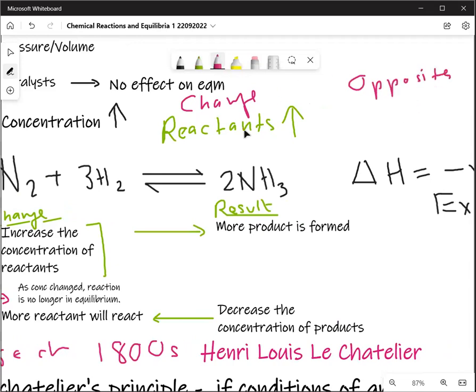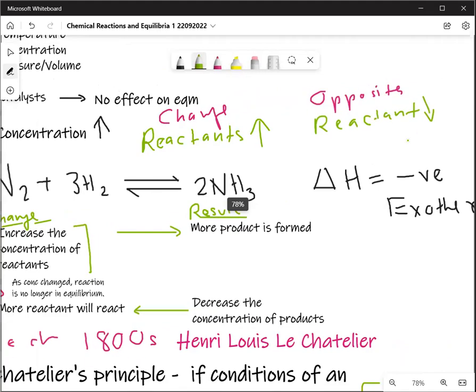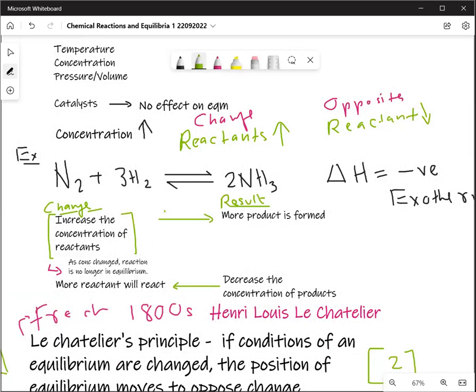What is the opposite of that? The products will increase. That is true, but I want you to look at it in a simpler way. If reactant is increasing, then the opposite is reactant decreasing. Yes, so that is exactly what is happening here.